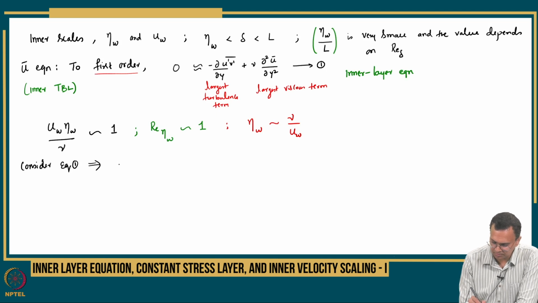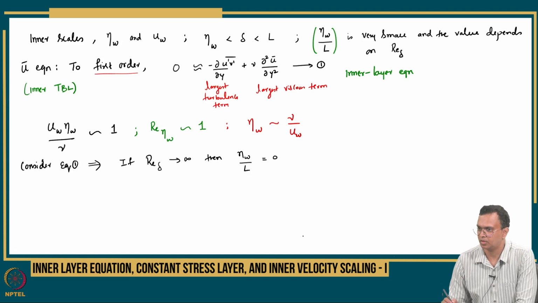Consider equation 1. If Re delta tends to infinity, then eta W by L will be 0, not small.